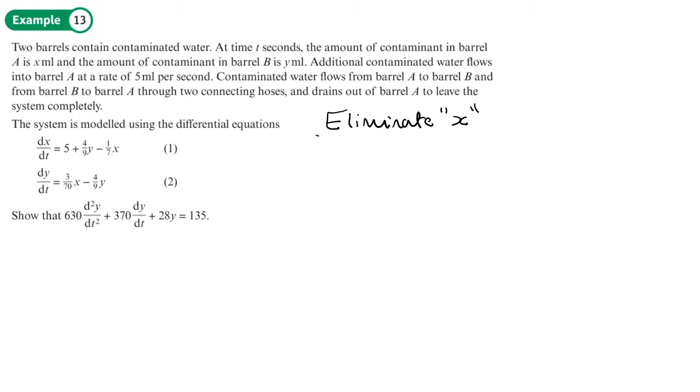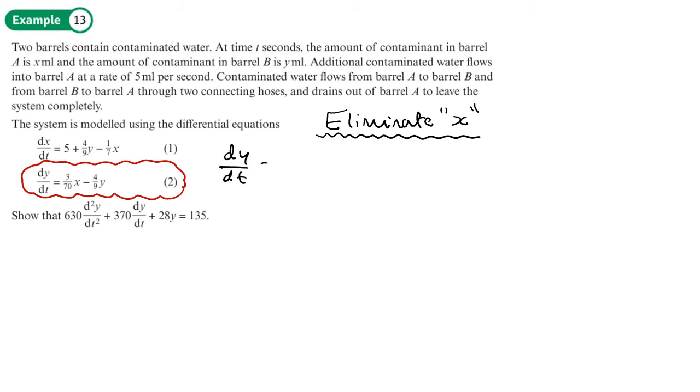So this time we need to use the second equation here and make x the subject. So let's write the equation down. dy/dt equals 3/70 x minus 9/4 y. Actually, it should be 4/9 y.